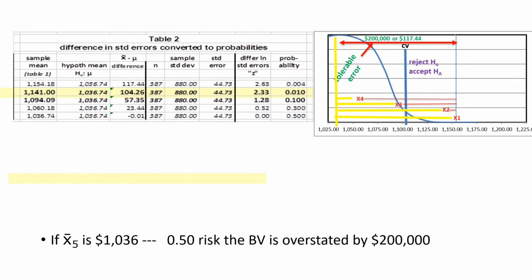And the probability of getting sample results 2.63 standard deviations to the right is less than 1%. Now, the 1141, we measure that as $104 to the right, $104 greater than 1036.